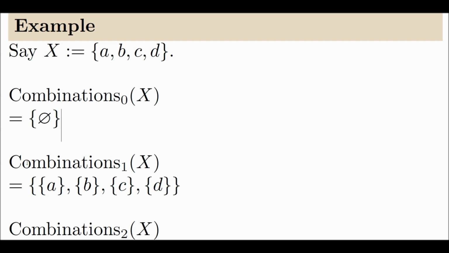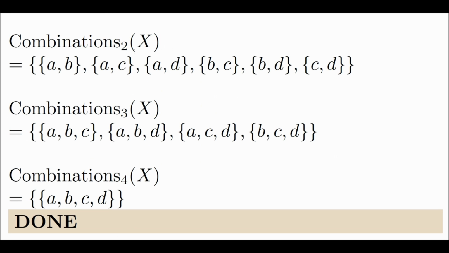There's only one combination of size 0, and that's the empty set. If I want all the combinations of X of size 1, this would be all the subsets of X that have exactly one member. So here are all the subsets of X that have exactly one object. If I want the combinations of X of size 2, this would be all the subsets of X that have exactly 2 objects. So I've listed out all the subsets of X that have 2 objects.